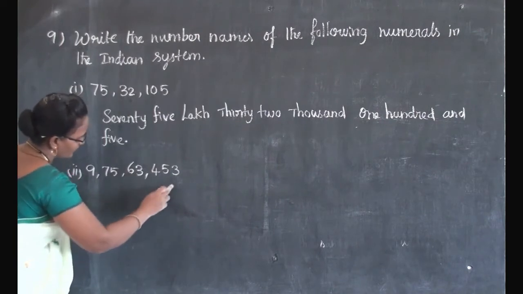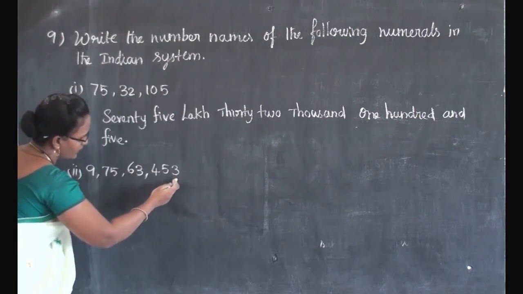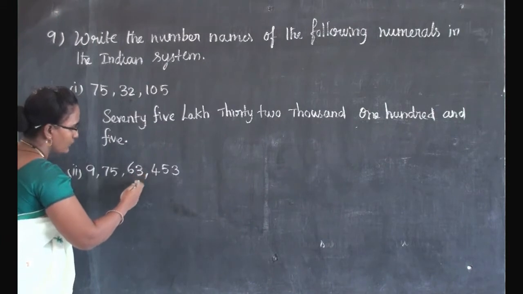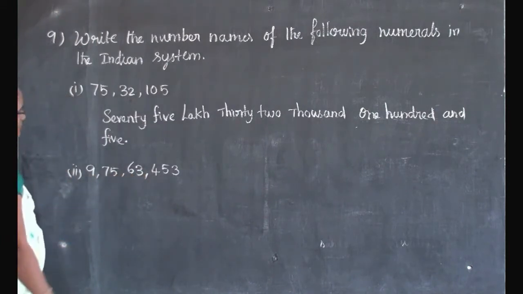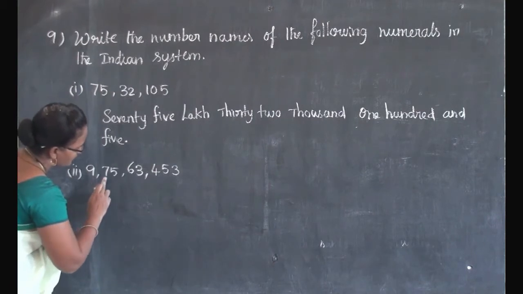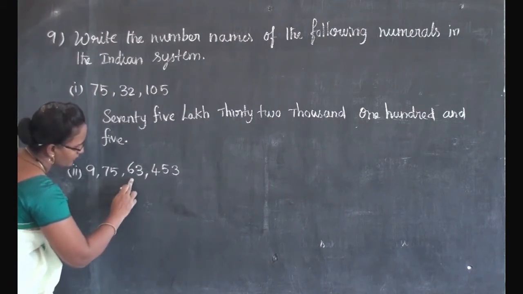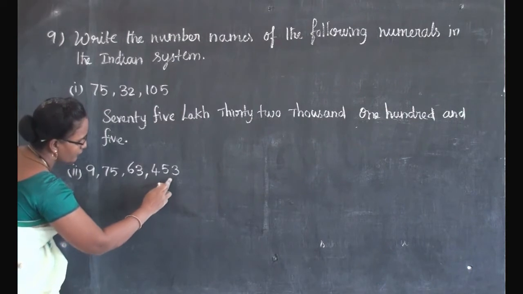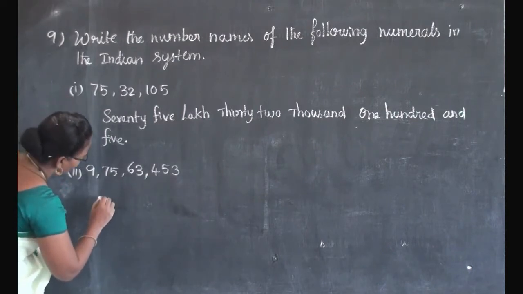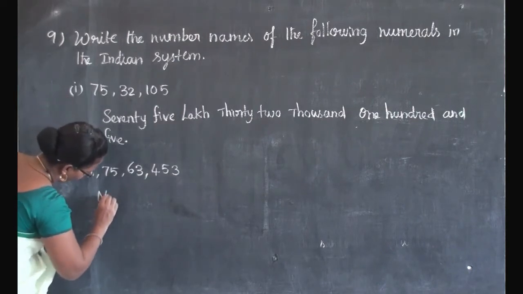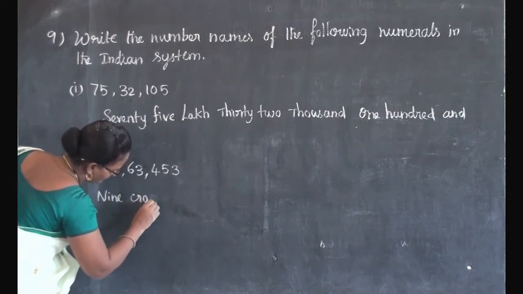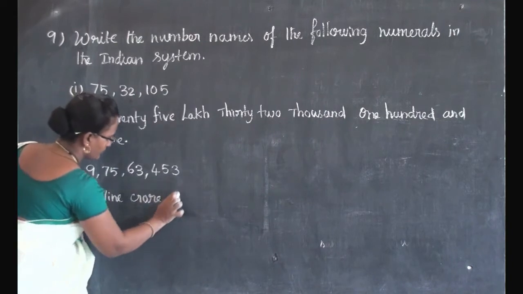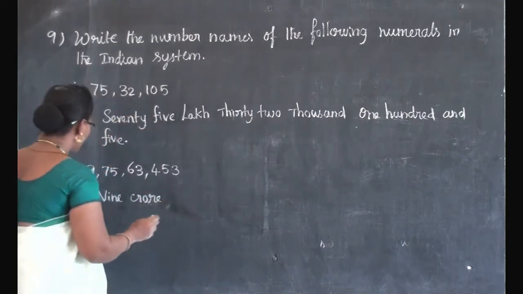Here also read the place values: ones, tens, hundreds, thousand, 10,000, lakh, 10 lakh, and then crore. So 9 crores, 75 lakh, 63,453. Write down the number name. 9 crore. Don't put commas while writing the number names.